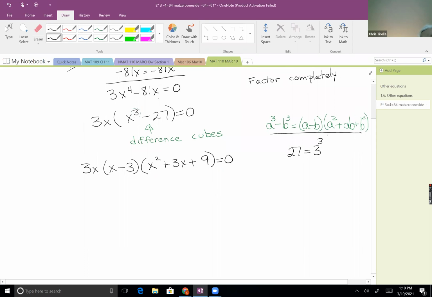And every time we did this, we ended up saying that that last part is usually not factorable. So I'm going to go ahead and take each of these factors and set them to 0.